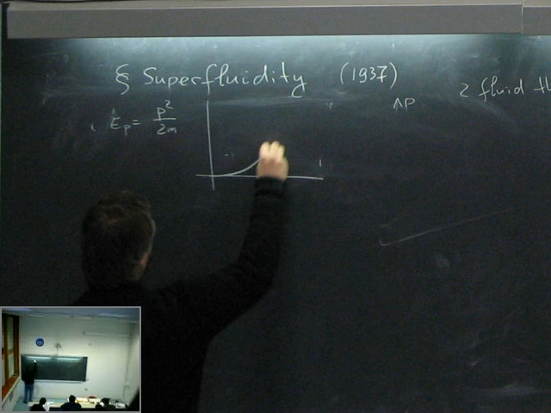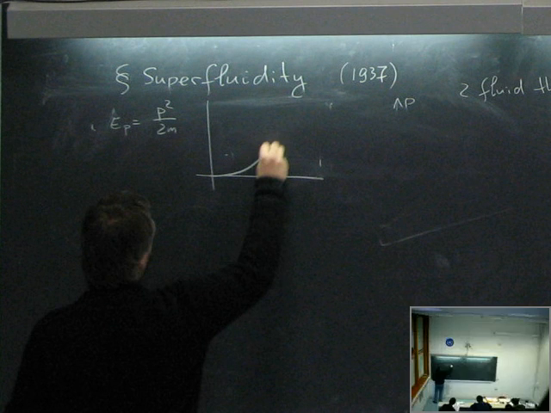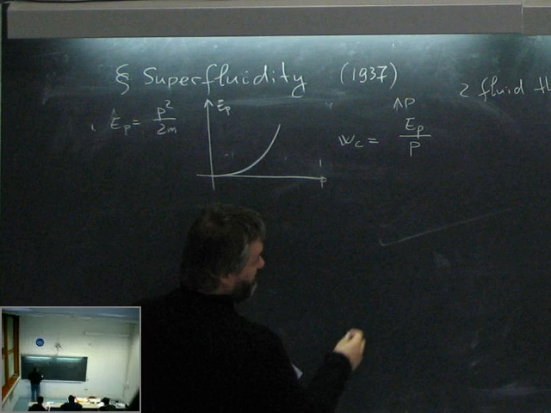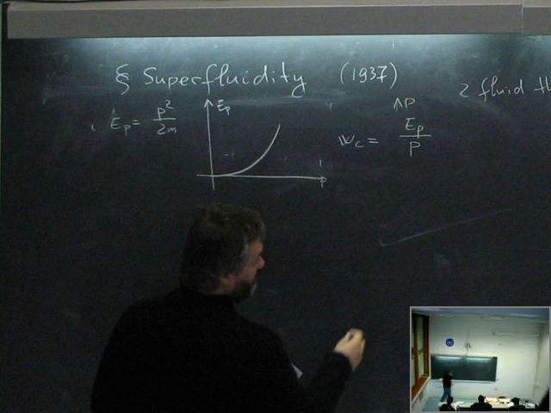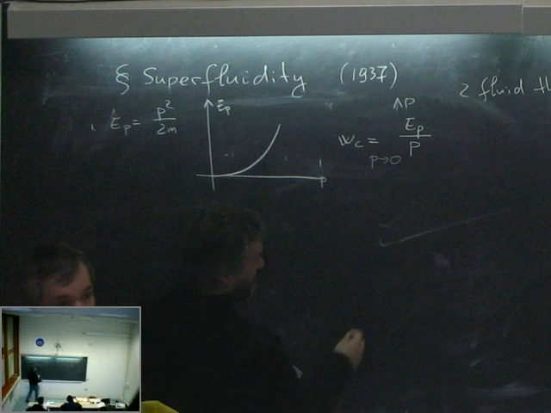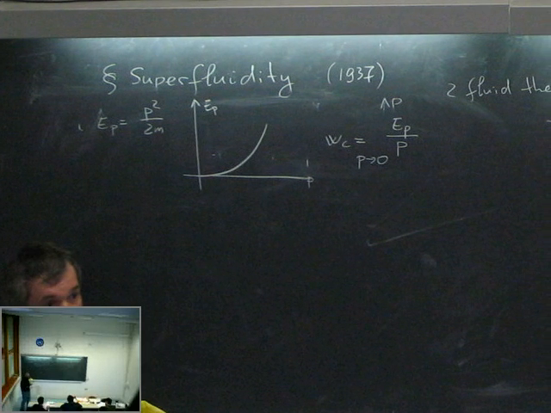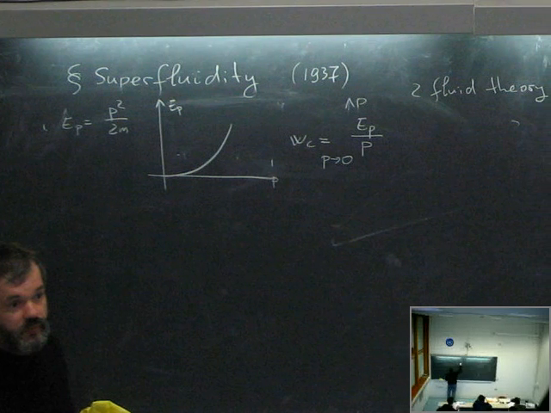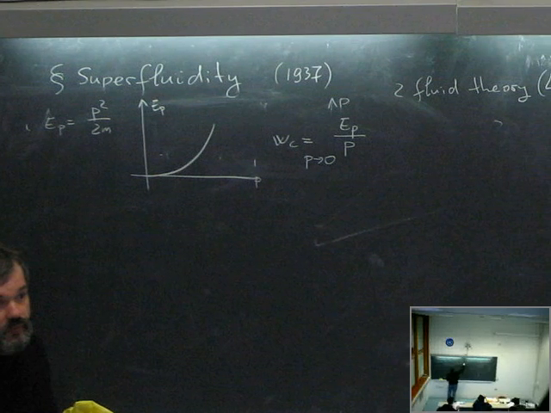So we have epsilon_P as a function of P. Let's find the critical velocity. V_c is epsilon_P divided by P in the limit P goes to 0. Because this is the question whether superfluid can be achieved, and if we divide, we will have P over 2M, which is equal to 0.